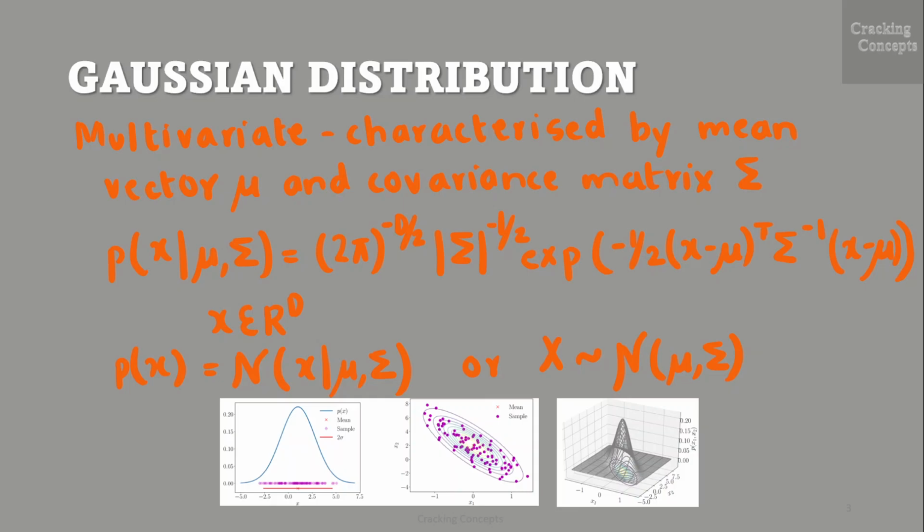So we'll write p(x) as a normal distribution with mean mu and variance sigma, or in this way.